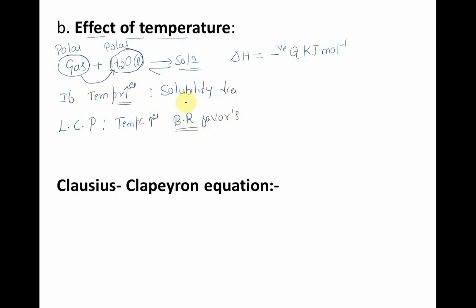Therefore, with increase in temperature, solubility decreases, and vice versa. What is the meaning of vice versa? If temperature decreases, automatically solubility increases, because according to Le-Chatelier's principle, decrease in temperature creates a stress on equilibrium. Therefore, the forward reaction is favored.